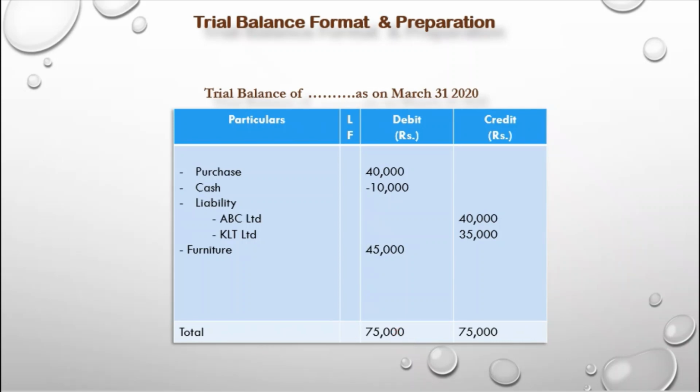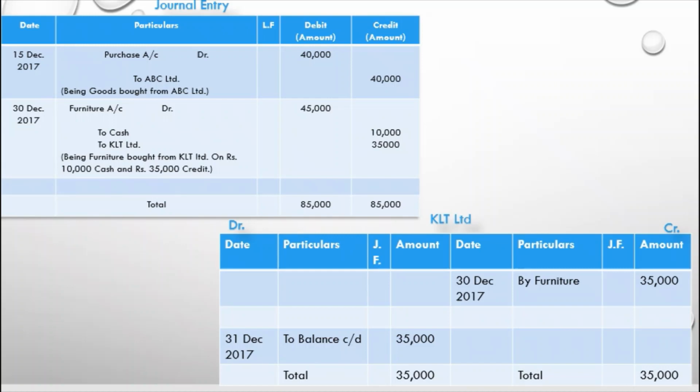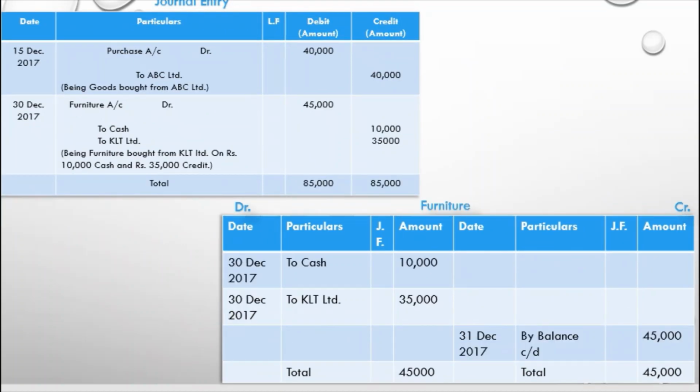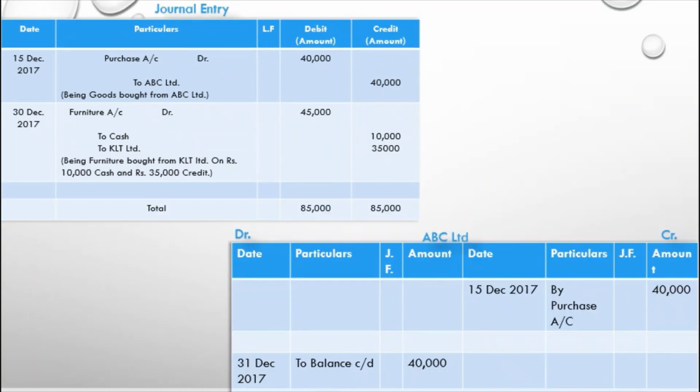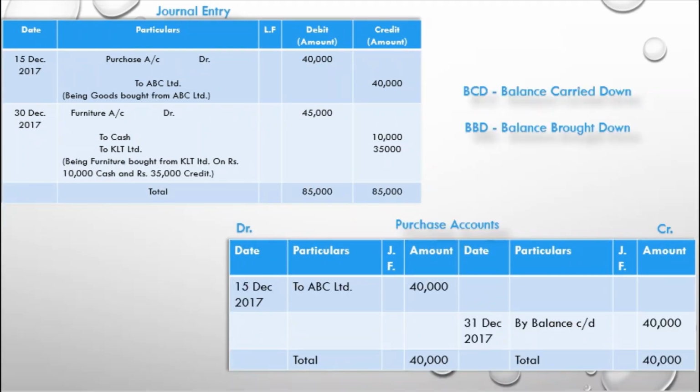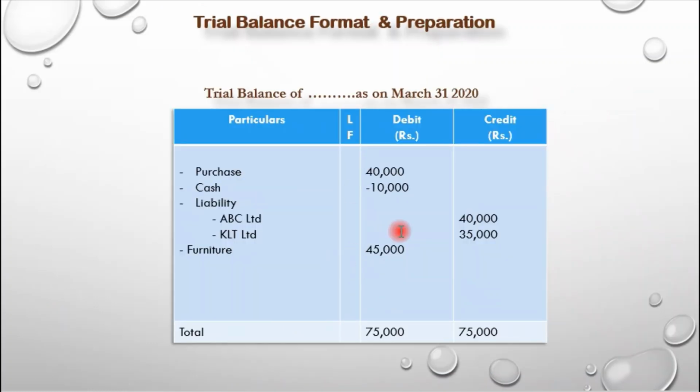Now, here you have to just remember that if any account ledger appears with a zero balance, which I don't have here, you don't skip it from this trial balance. You have to put that account with a zero balance.